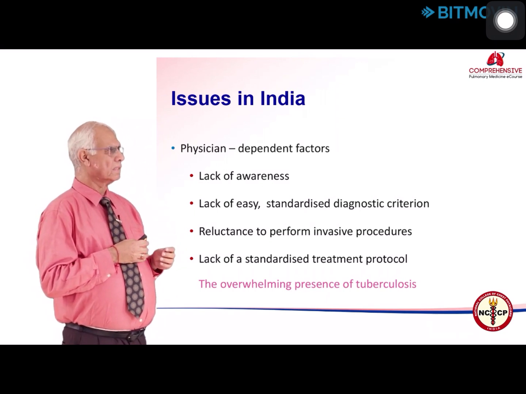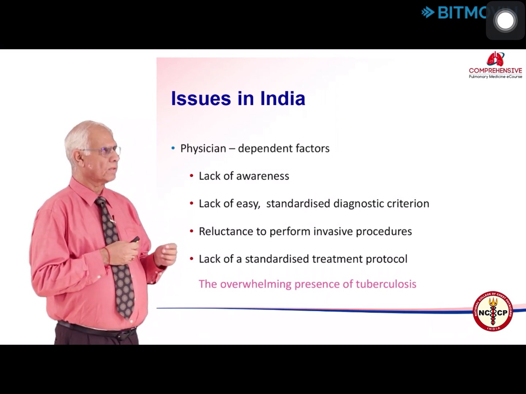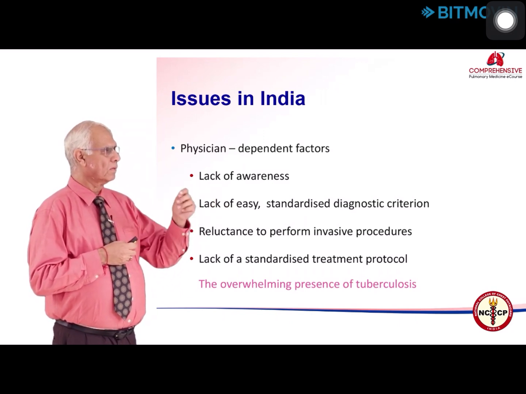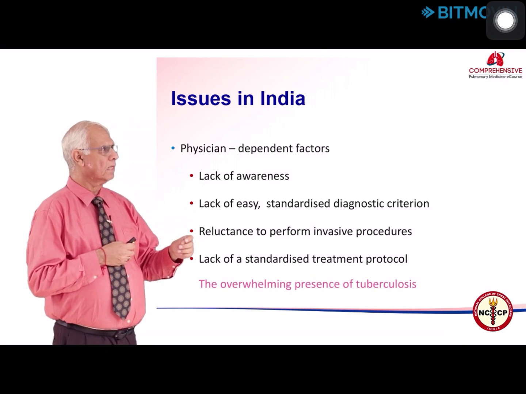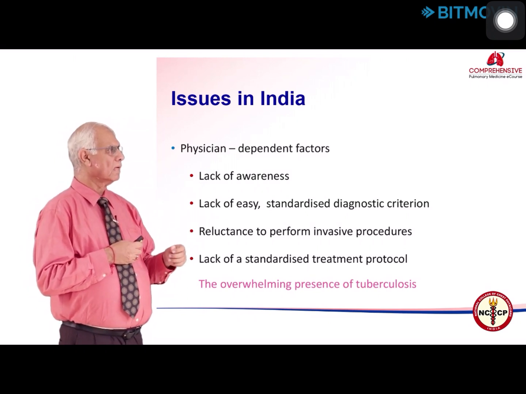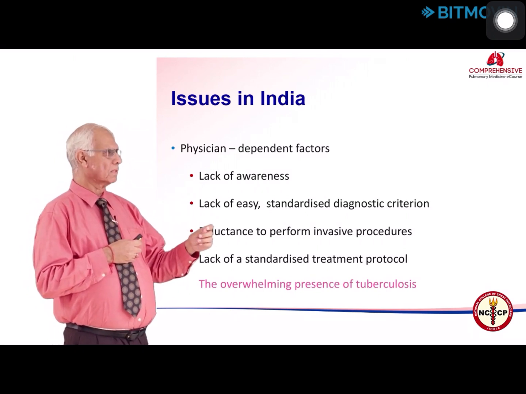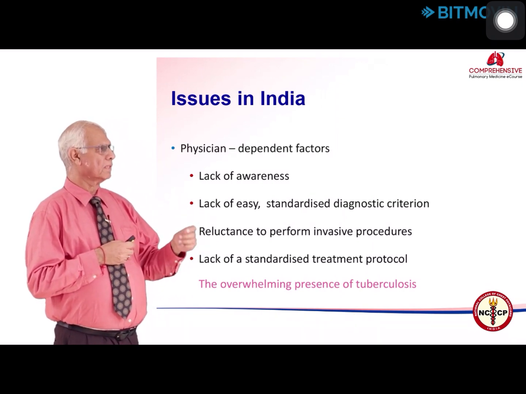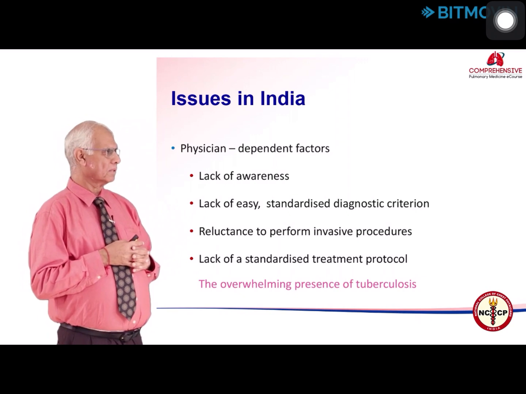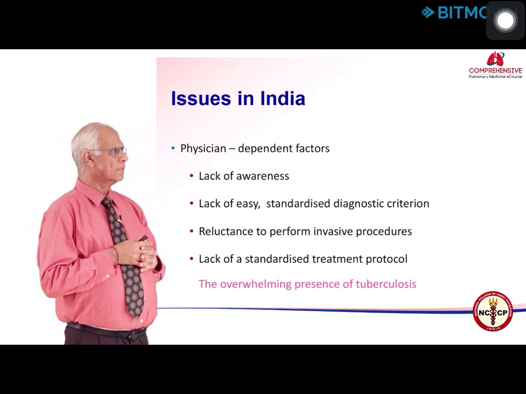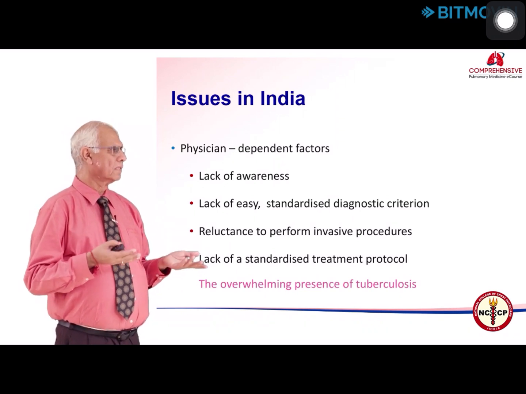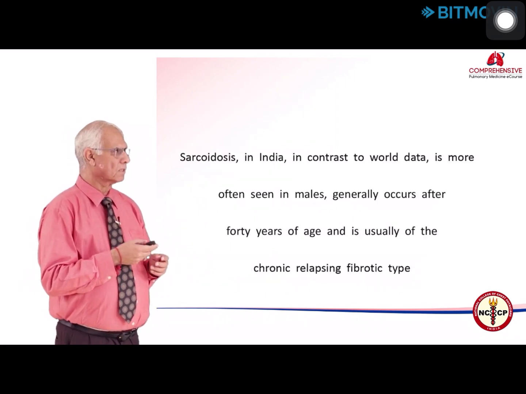And one of the main reasons is there's a lack of easy standardized diagnostic criteria. Suppose you have tuberculosis, you have a sputum positive, or you have Mycobacterium tuberculosis cultured, you can say this is a patient of tuberculosis. But in a patient of sarcoidosis, you do not have a single test to say that this is sarcoidosis. And on top of that, there's a lack of standardized treatment protocol, and we are of course surrounded and overwhelmed by the presence of tuberculosis.